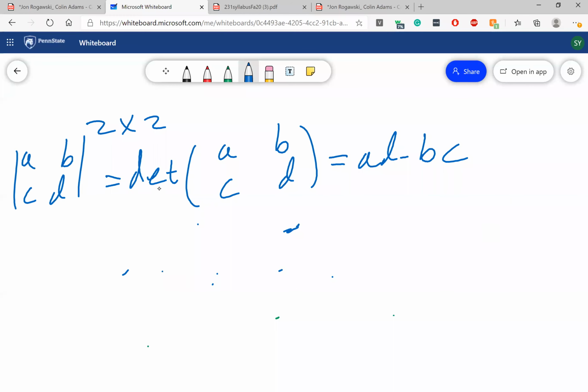If you have curved brackets, this is your matrix, and with flat lines, this would be the determinant of the matrix. Or you can just write the determinant of your matrix. Any questions about this? Is it clear?